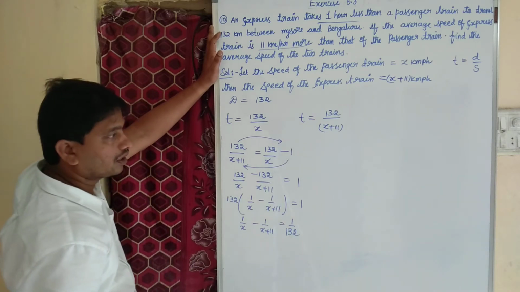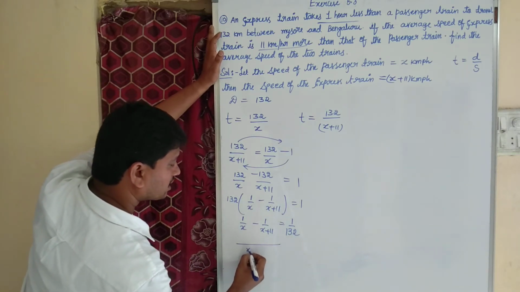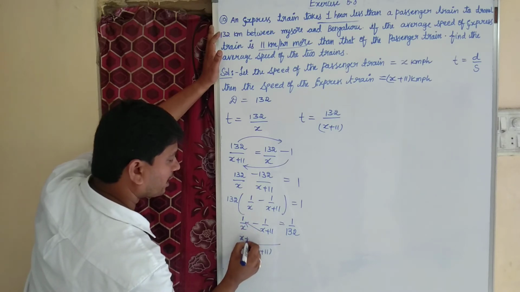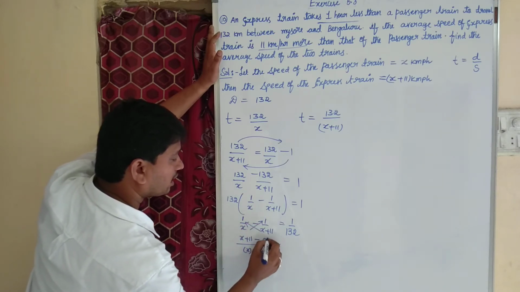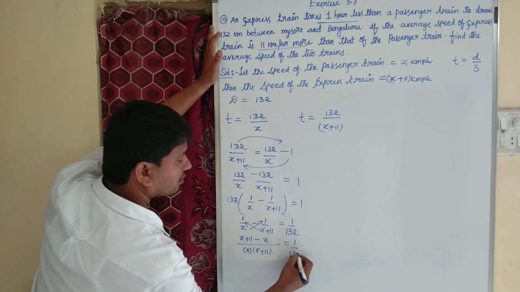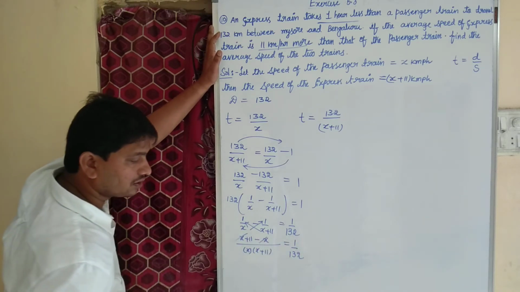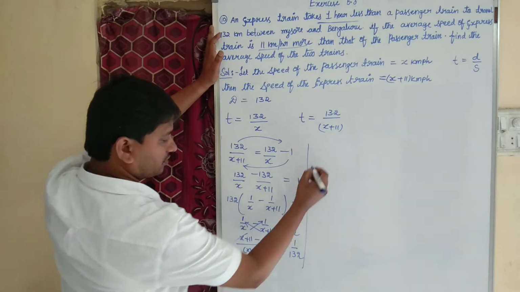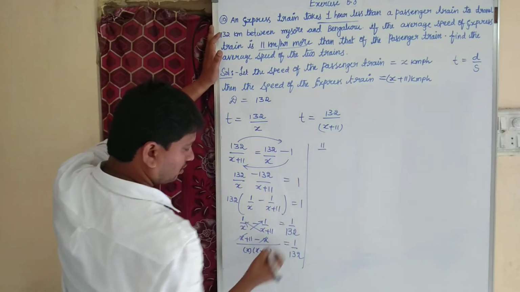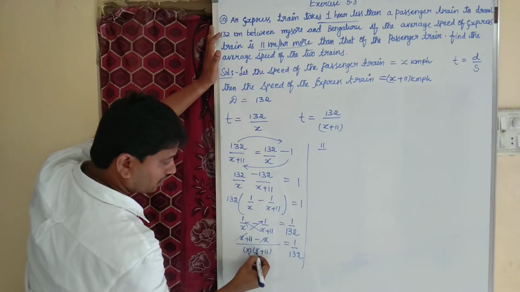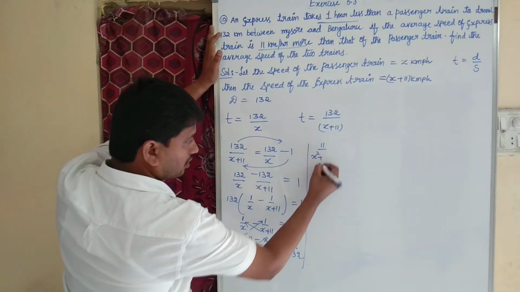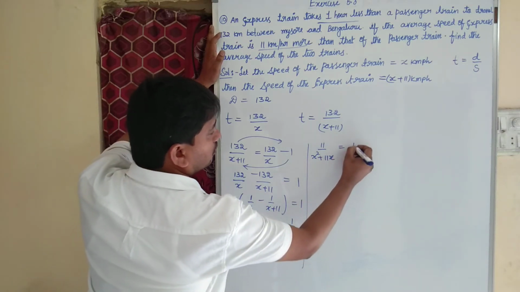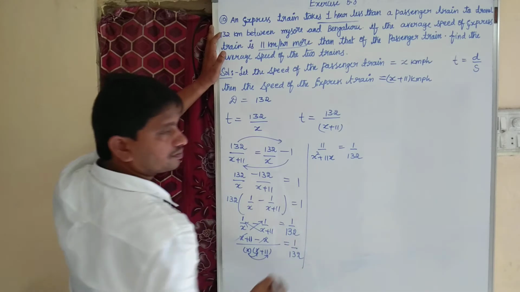Transposing 132, children: 1 by x minus 1 by x plus 11 equals 1 by 132. And what is the LCM? The LCM is x into x plus 11, x plus 11 into 1, x plus 11 minus x into 1, x equal to 1 by 132. Plus x minus x cancel. So 11, cross multiplication, by x into x, x square plus 11x equal to 1 by 132.